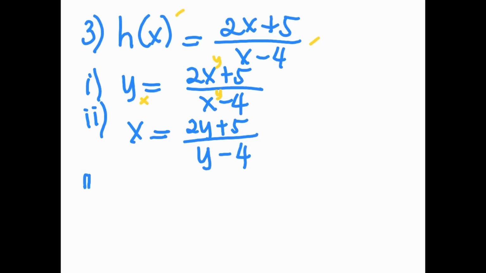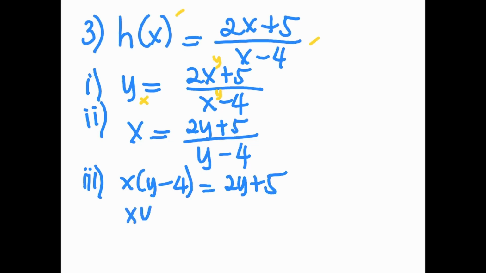Now in the third step, we need to solve for y. So we'll multiply both sides by y minus 4, right? And we'll come up with x times y minus 4, which is equal to 2y plus 5. And simplifying further, this will now become xy minus 4x is equal to 2y plus 5.